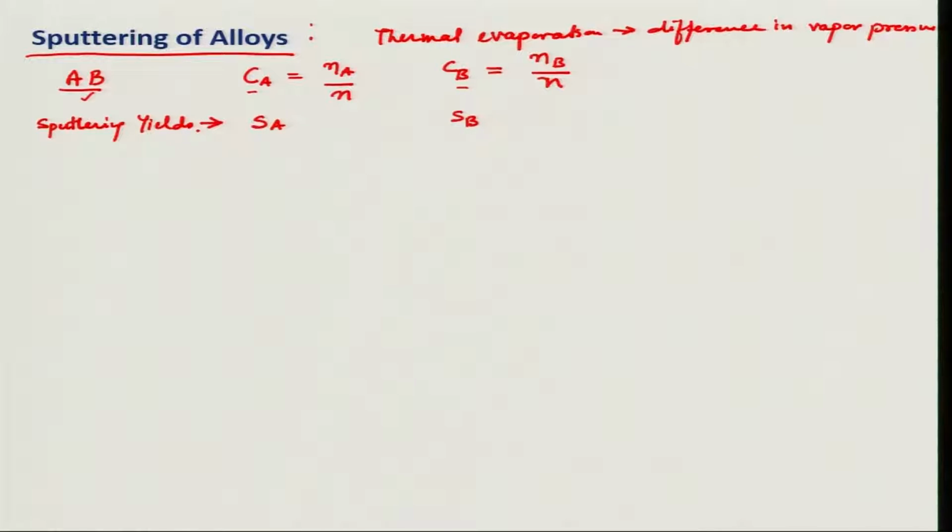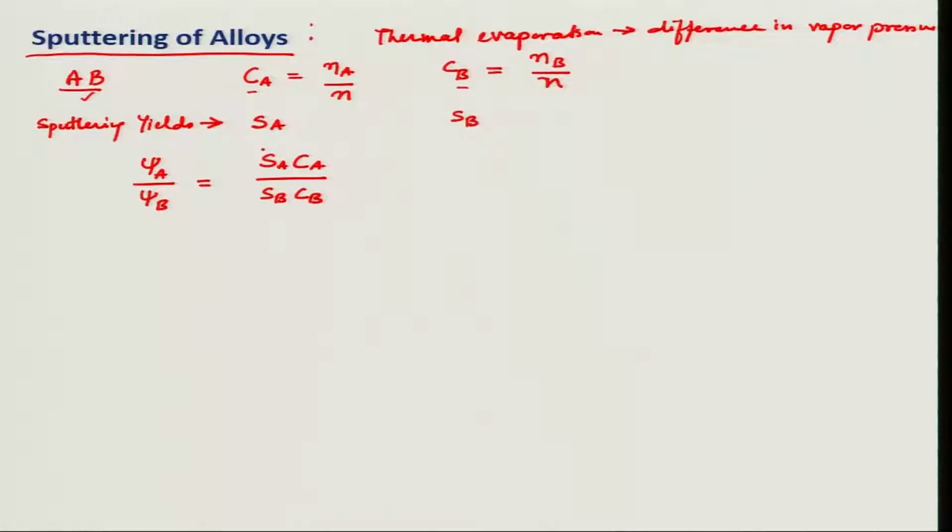Okay. So, the sputtered flux, or the ratio of the flux psi A and psi B, will depend on Sa Ca and Sb Cb. If Ca is higher, then for the same Sa over Sb, there will be more A sputtered.